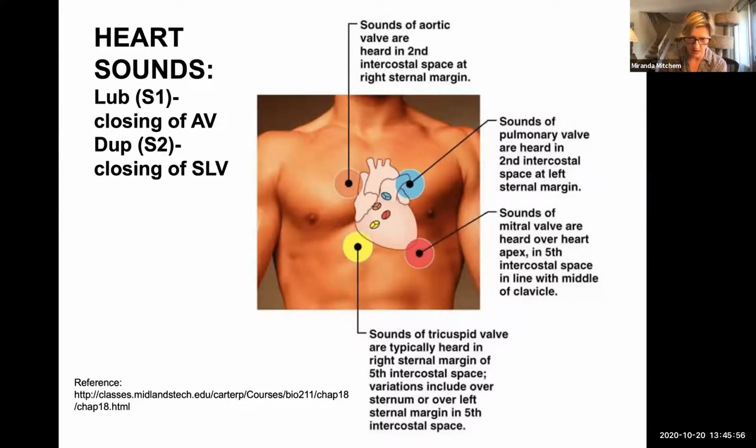That happens second. So looking at the color coding here, we can figure out based on these sounds what's happening at different stages throughout the cardiac cycle.